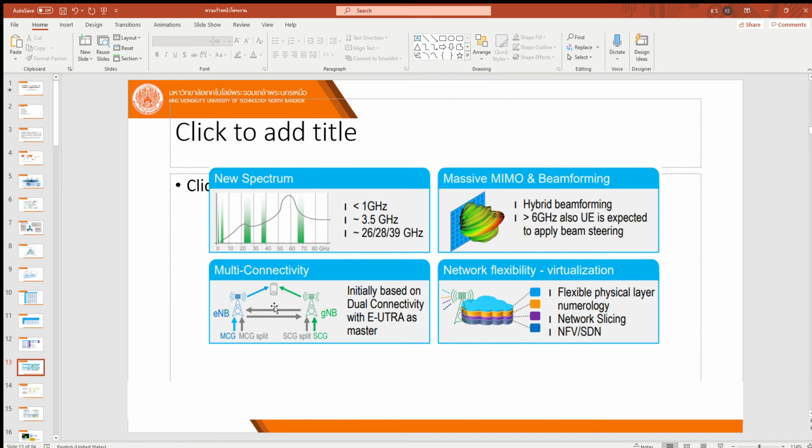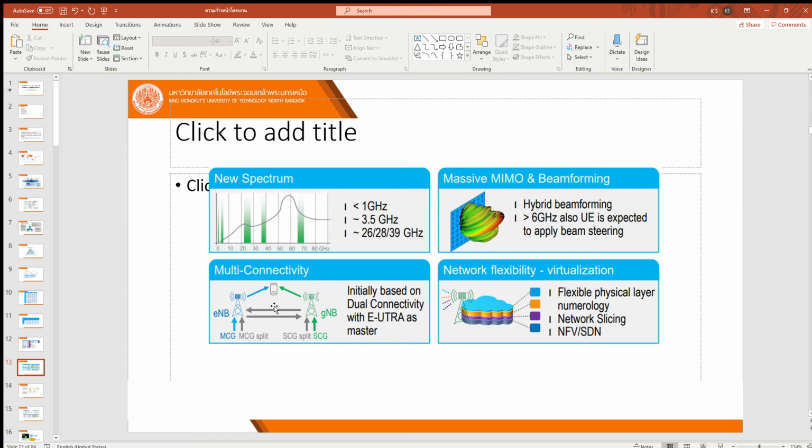So if we have new technology, we're going to have a new thing we call new spectrum. So I told you before, we have a table of the new 5G. For the spectrum, you can go from 0 up to 80 gigahertz using the spectrum frequency from the 5G NR table.